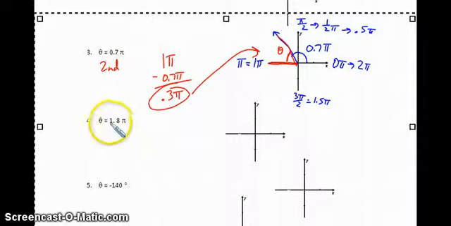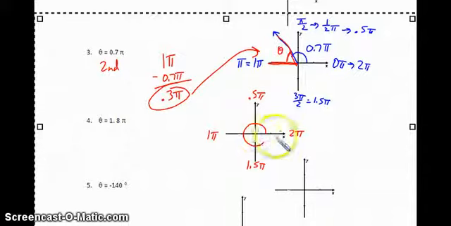Applying that same concept with 1.8 pi, again, I've already labeled these for you in this previous one, so if you label them again, I know that this is 2 pi, this is 1.5 pi. I could keep going, 1 pi, 0.5 pi. My angle for 1.8, I'd have to come all the way around there, that's 1.5. I want to go past 1.5, but not quite to 2.